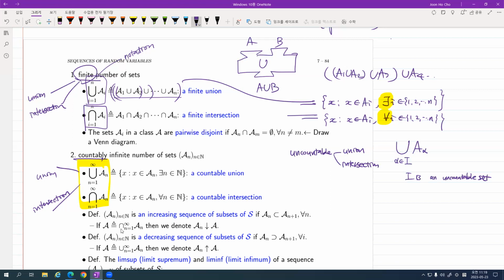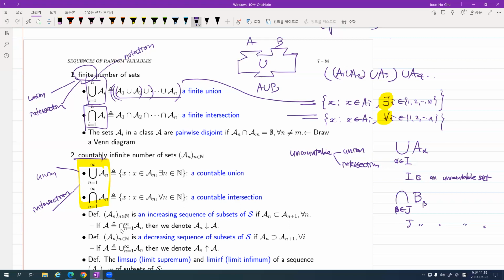And here, for example, you have some beta in J, B sub beta, something like that. J is also an uncountable set. In that case, this is the notation for the uncountable union, and this becomes the notation for the countable union.